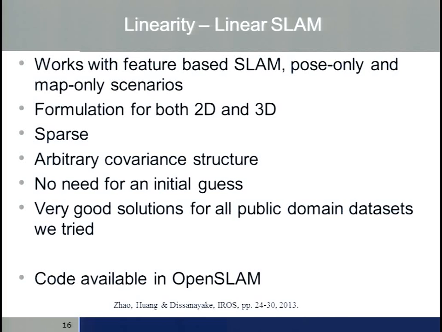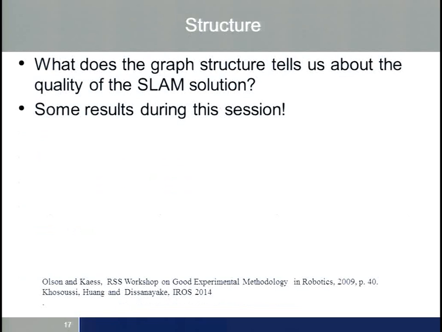So we looked at two aspects. One is the dimensionality, and the other is the linearity. There's another issue. You know, that SLAM is now solved pretty much as a graph problem. We've been recently looking at whether the graph structure can say something about the quality of the solution you can get.